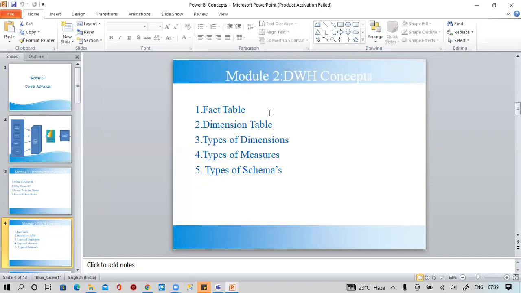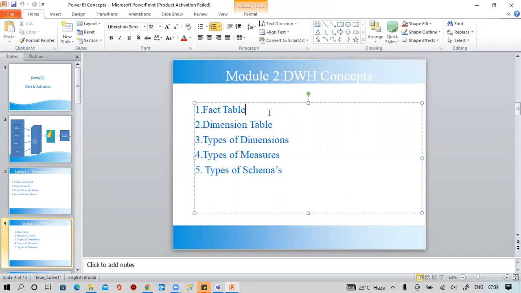Meanwhile, I will tell you something about the dimension table. A dimension table is the table which contains dimension keys and their properties, meaning attributes and information. Like we can say my employee ID is 123.